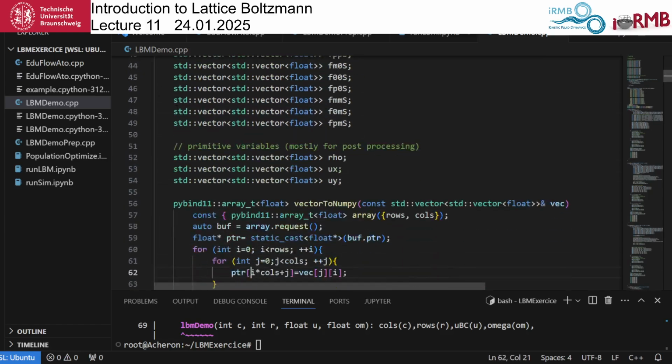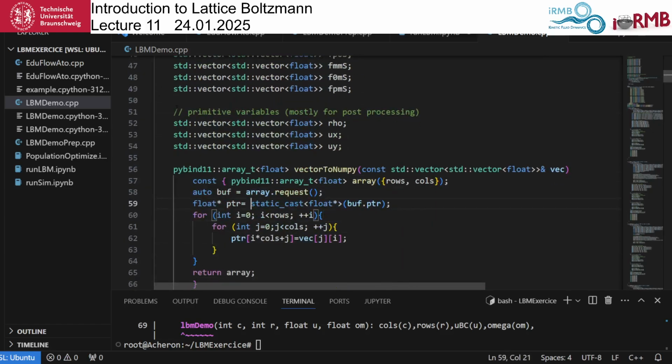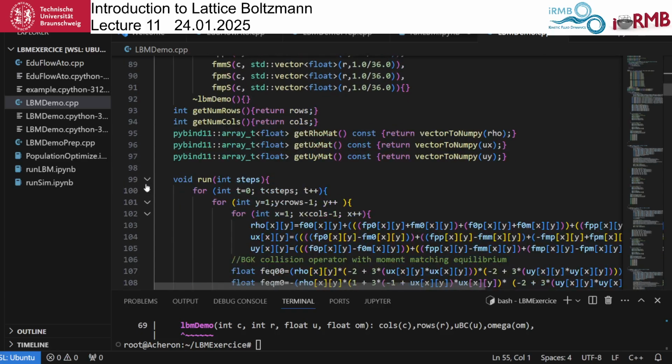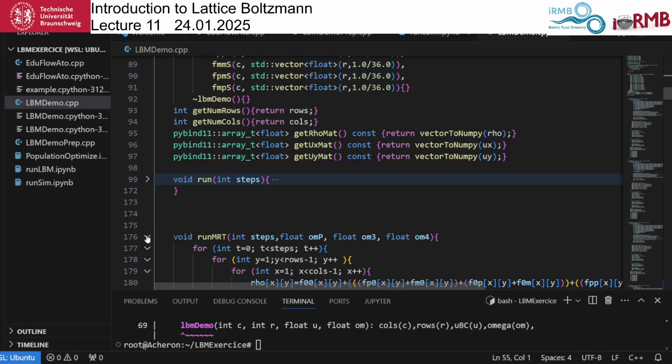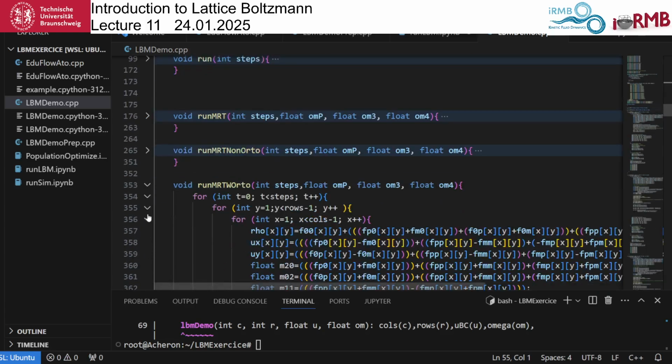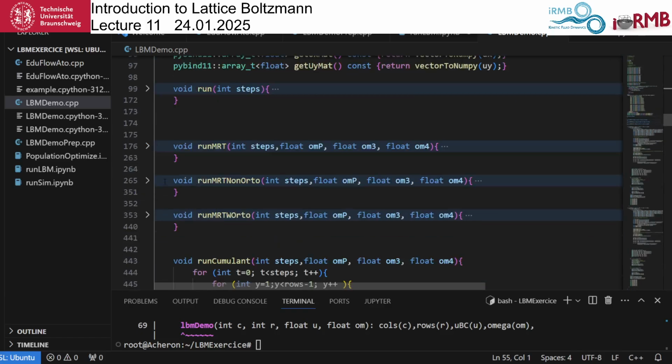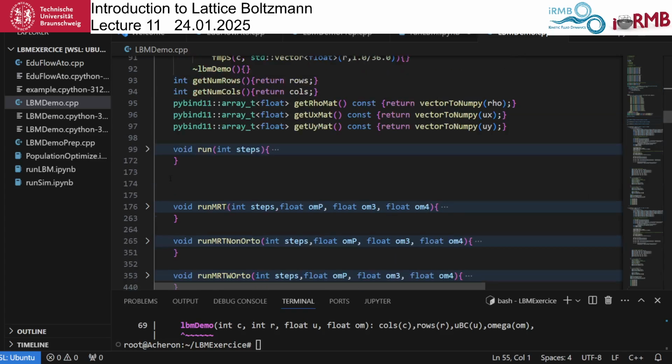Something that can be done to make everything look smaller is if you place the mouse. Why do we want to? Because we have a lot of functions. You mean we want to close this? Yes. Okay. Yeah, you're right. We'll make the functions go away, so just the one that we need. Thank you very much.